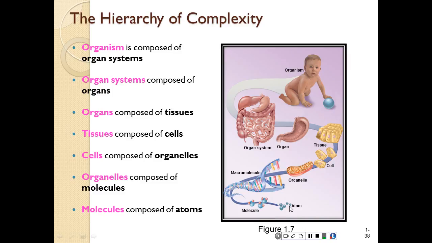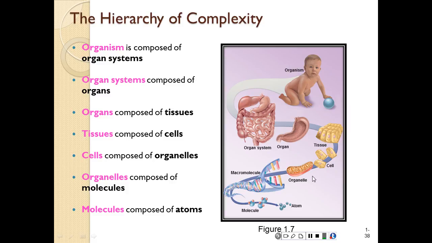Now when you put two or more of them together, they form molecules. You will have a water molecule with two hydrogens and an oxygen, H2O. When we have more of these molecules put together, we form macromolecules.